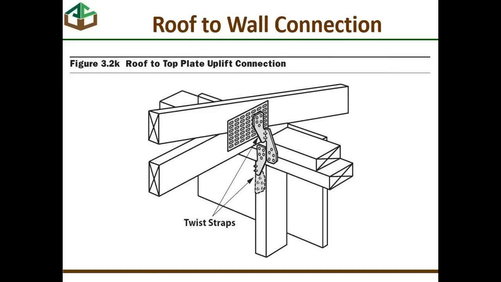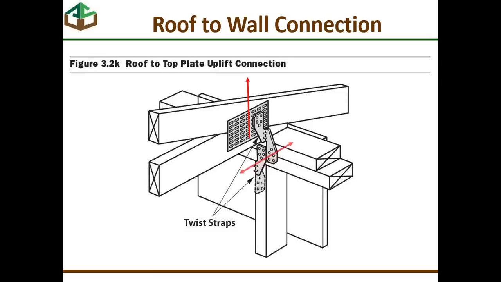And you see some strap or connector types here. One connector is being shown connecting to the truss and then to the top plate, and the second one secures the two plates to the wall stud. So this clearly illustrates a continuous load path from the top of the rafter or truss to the wall system.